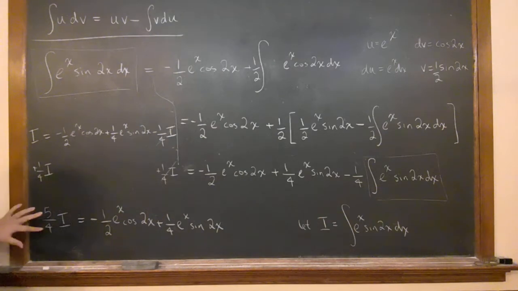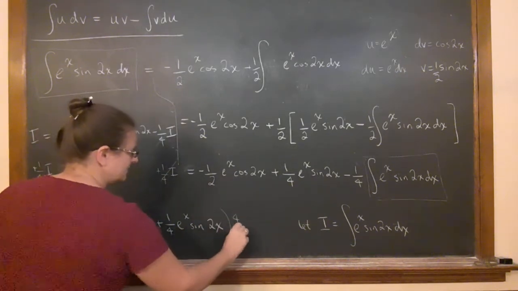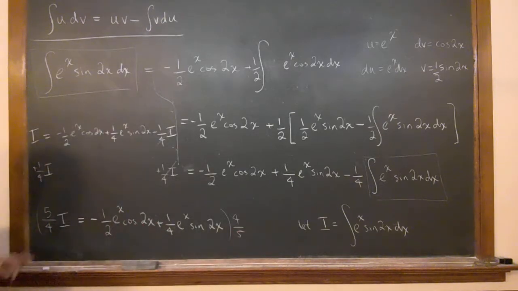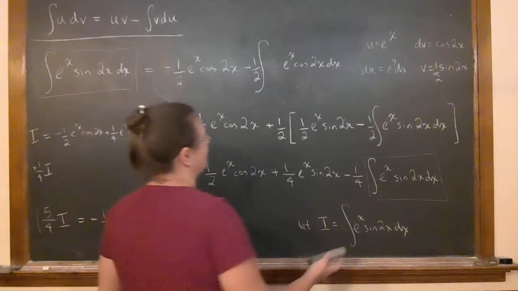And then I want to solve for I, so I just multiply the whole thing by the reciprocal of whatever coefficient that is. It happens to be 4/5, right? So then I've got I on one side, and my answer is going to be over there.